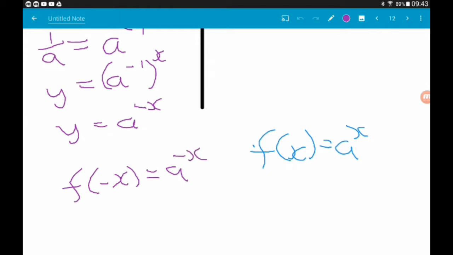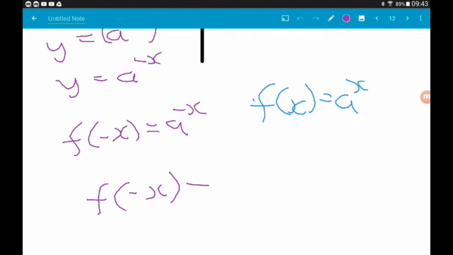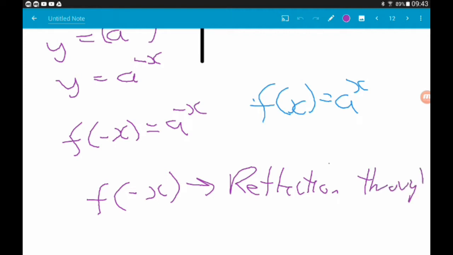Now we know from our transformations of graphs that f of minus x is a reflection through the y-axis.